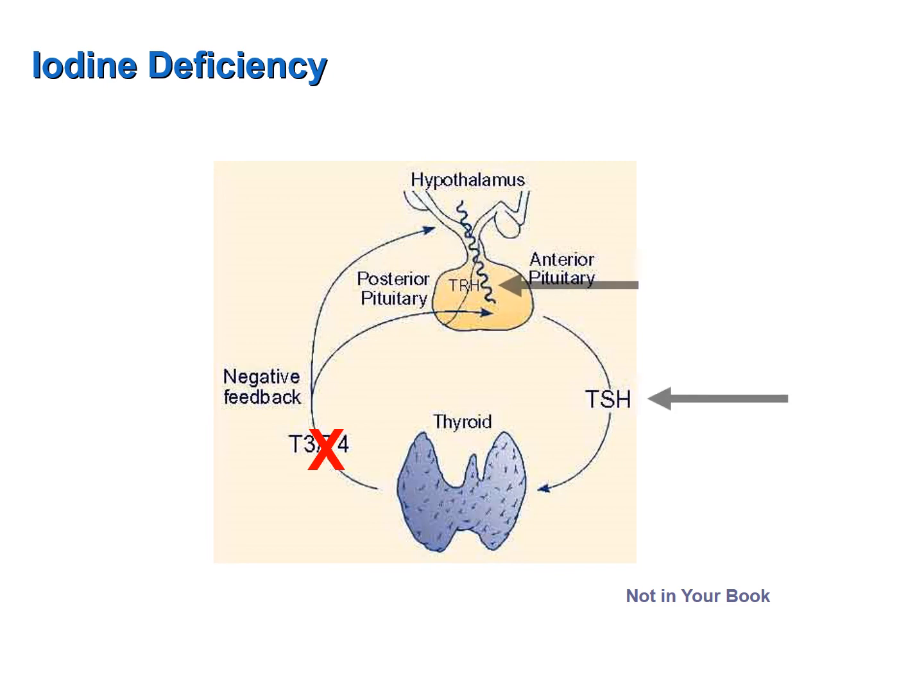The result is an enlargement of the thyroid in an attempt to stimulate the thyroid gland to produce more T3 and T4. However, because of the lack of iodine, it is not possible for the thyroid gland to make more T3 and T4, even if it grows and enlarges.